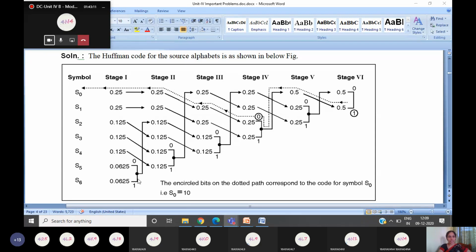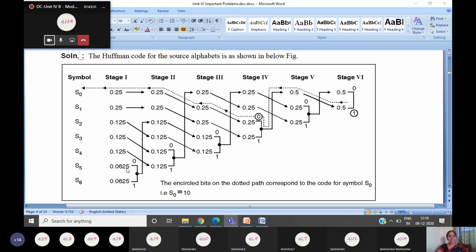After combining them, next represent the corresponding added value. So here 0.0625 plus 0.0625 will be how much? 0.125.